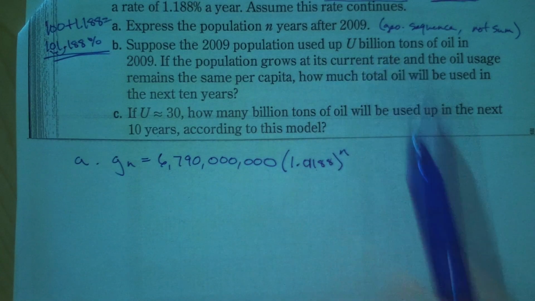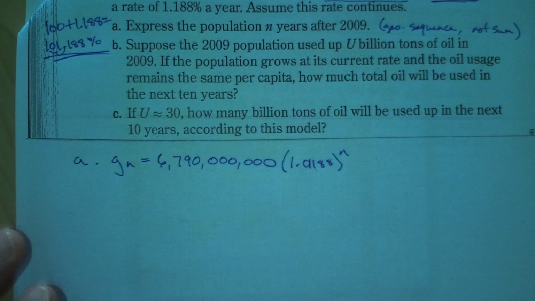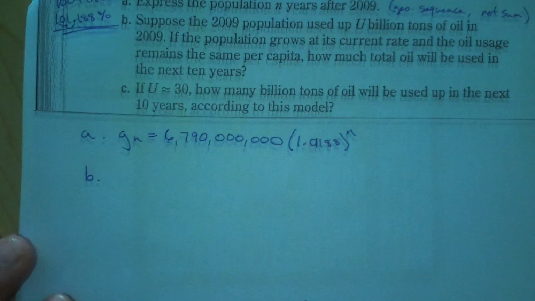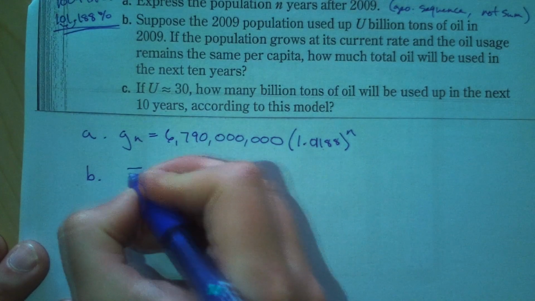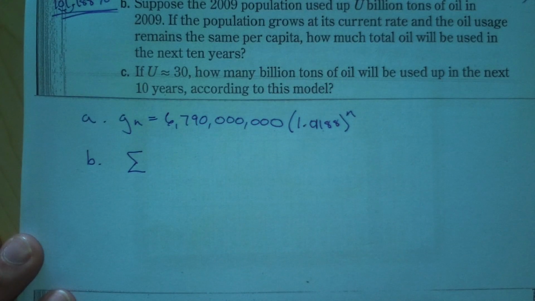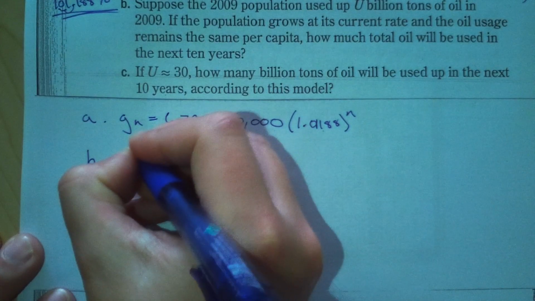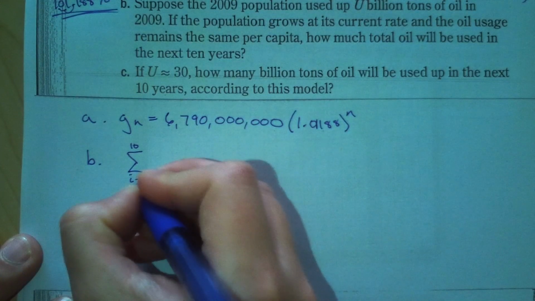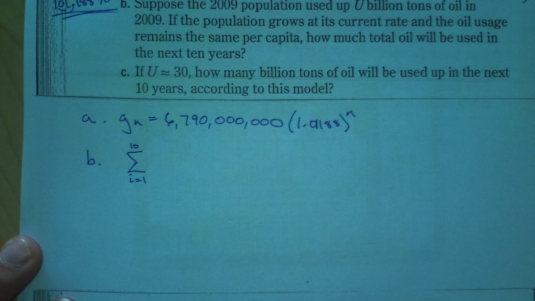Get that decimal number there, and I'm just going to leave that decimal on my calculator, divided by, and then this here, so I'm going to put parentheses because I haven't subtracted the 1 yet. So 1 minus 1.01188, parentheses, get that gross number there, so we'll just approximate it here. That's approximately 10.55. We'll just go with that. And again, that'll just be times the U because we don't know what that U value is.